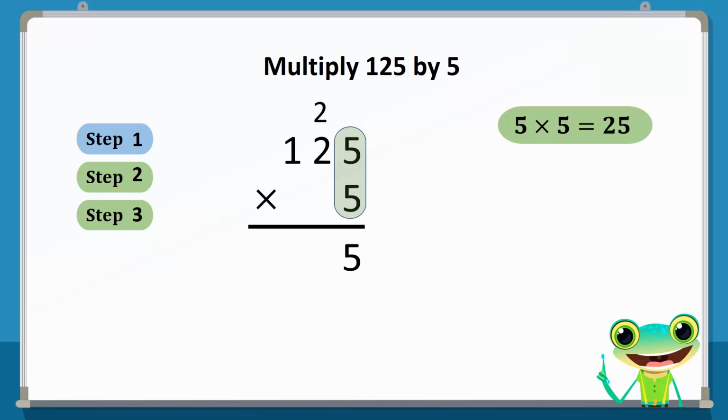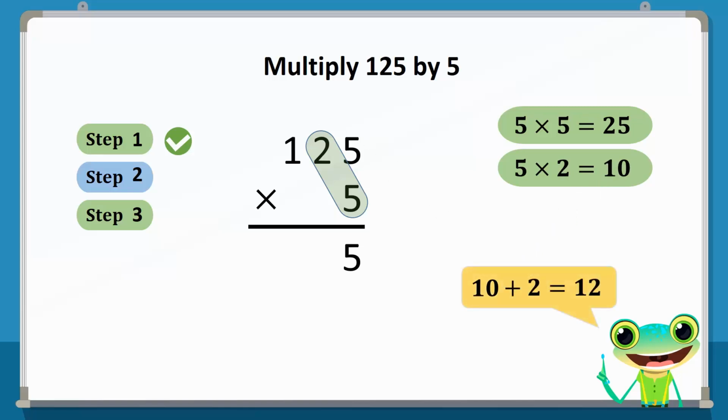Similarly, in step 2, we multiply 5 with 2 to get the product 10. But what about the number that we carried over from the last step? That number will be added to 10 to give us 12. Again, we will write 2 in the tens place and carry over 1 to the hundreds place.